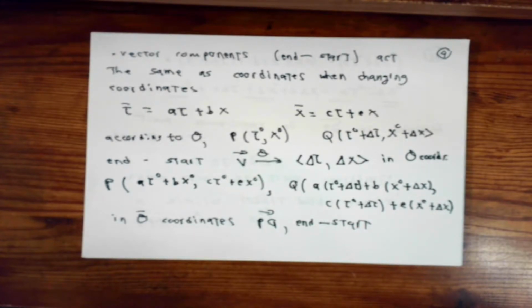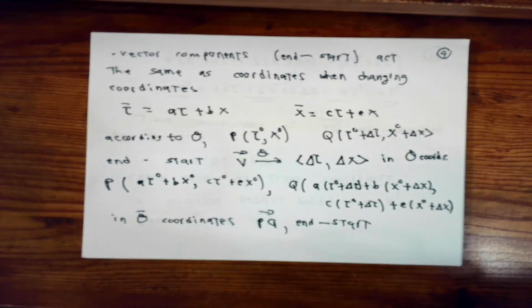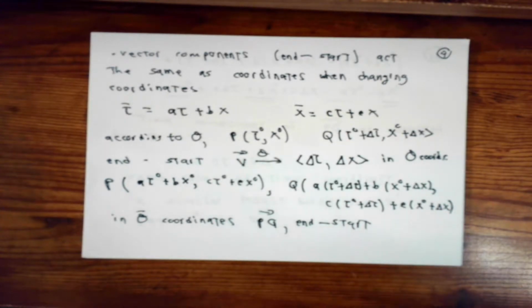Suppose that we're doing a linear transformation and we have only time and x coordinates. I'll say that t bar is a times t plus b times x, and x bar is c times t plus e times x.